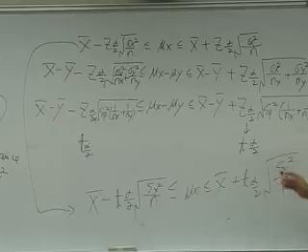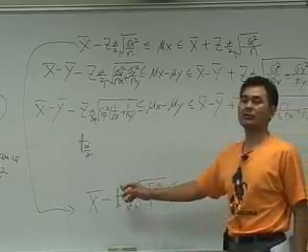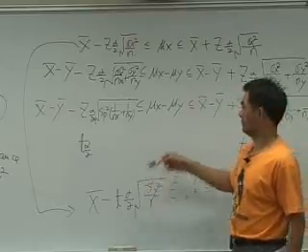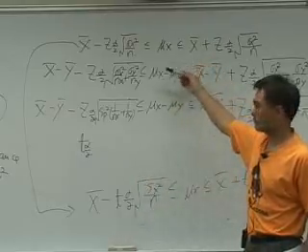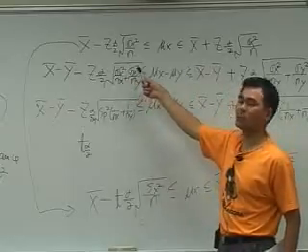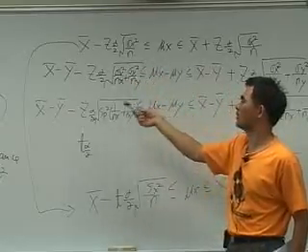Okay? So this is when sigma x square is known, right? In this case, we say sigma x is known, so we can use sigma x square and sigma y square, right? And here is known.